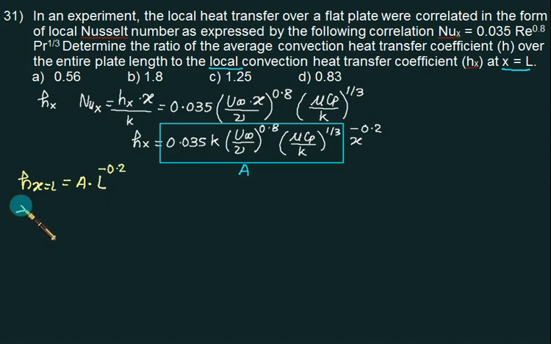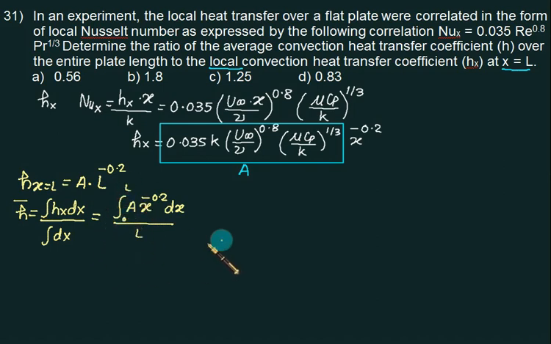To calculate the average, we'll use the mean value theorem, that is integral Hx dx upon integral dx, equal to integral a into x to the power minus 0.2 into dx upon integral dx, with limits from 0 to L. The integral of the numerator is a upon L, x to the power 0.8 upon 0.8, so it is 1.25 into a into L to the power minus 0.2.